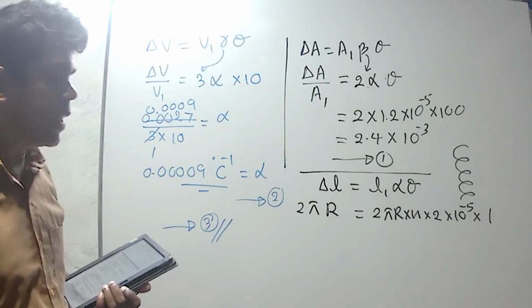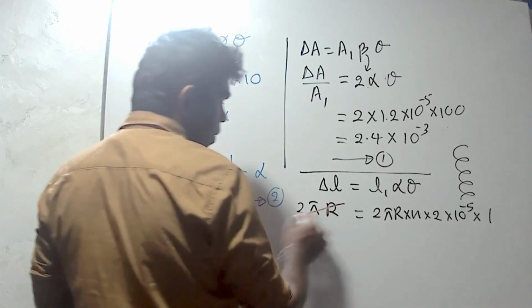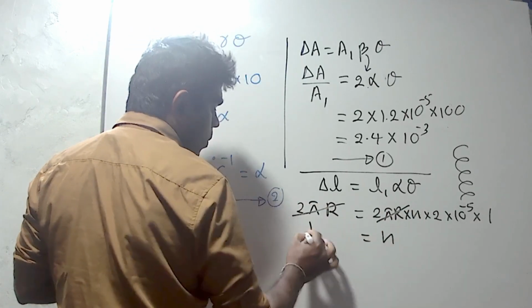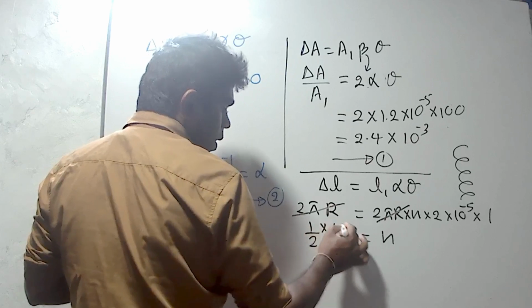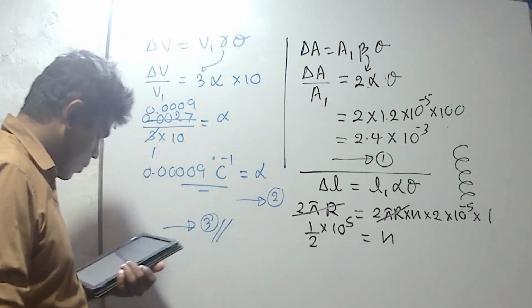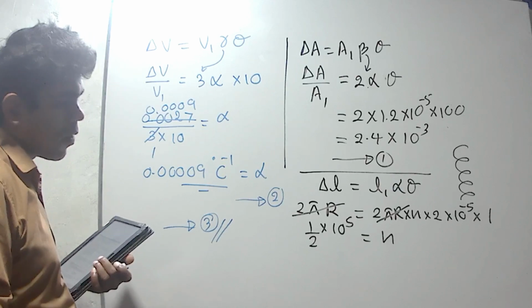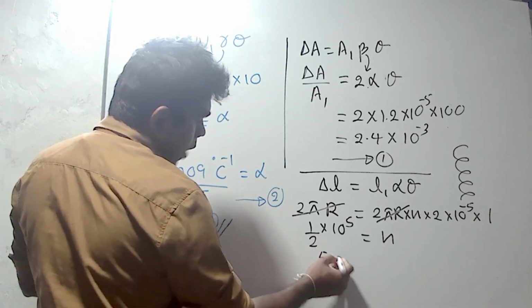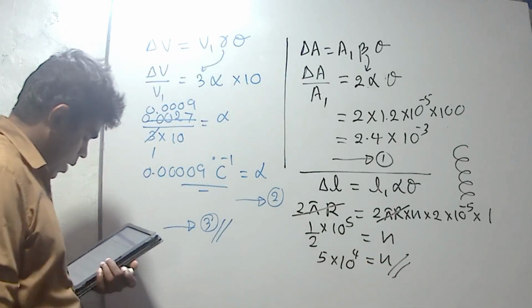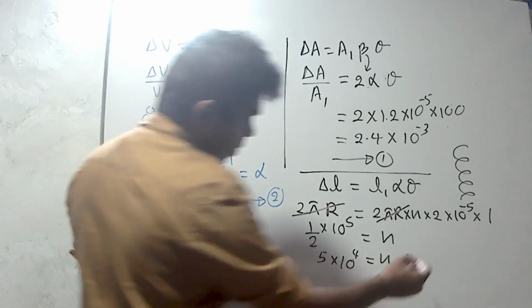Then we have to find the n value. We can get n as 1 over 2 into 10 to the power 5. 1 over 2 means half. 0.5 into 10 to the power 5. It means 5 into 10 to the power 4. Then the answer is C.